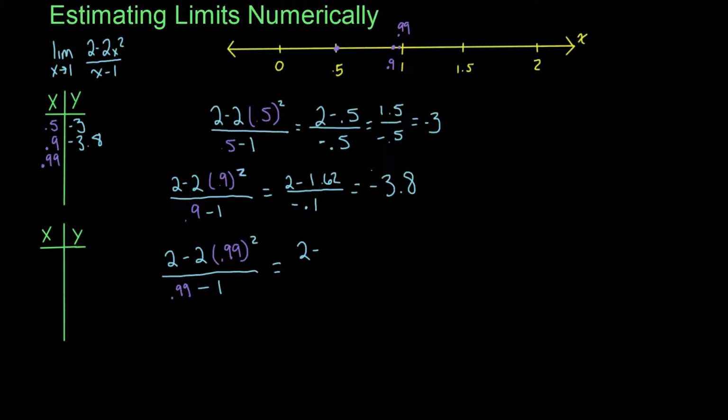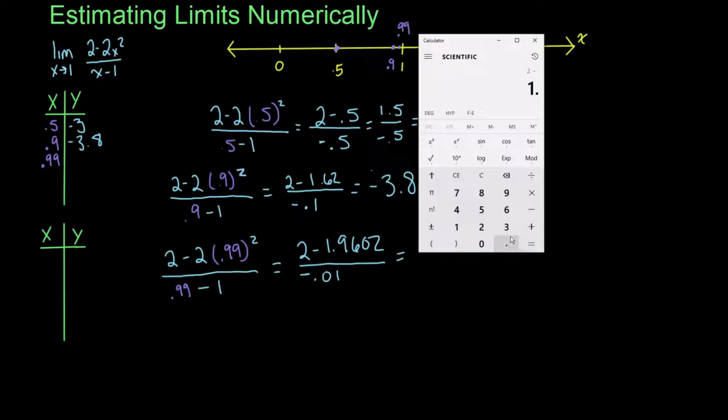We have 2 minus 1.9602, divided by negative 0.01. There we go. So 2 minus 1.9602 equals, divided by 0.01. There we go. Negative 3.98.